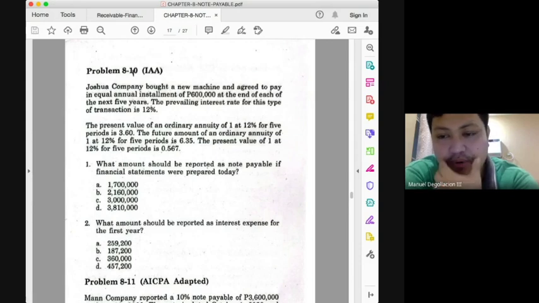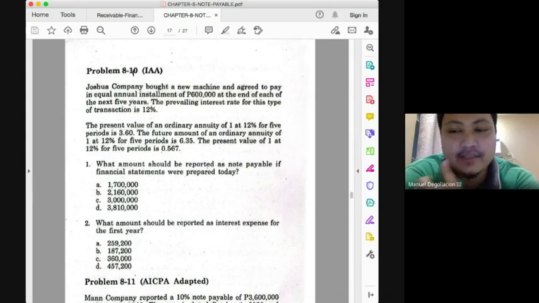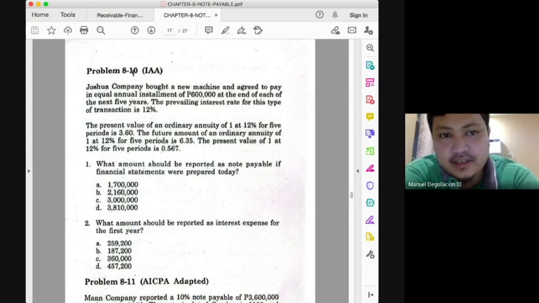But there are some problems, just like this one, wherein we are not expecting interest as part of our cash flows. In this problem, the cash flows that we are expecting would only be from the installment payments of 600,000 that we expect to receive for 5 years.